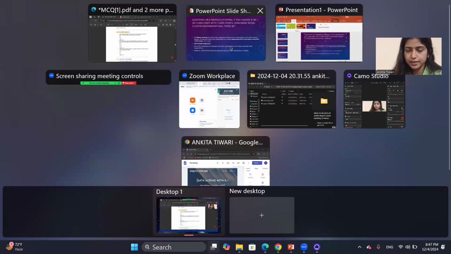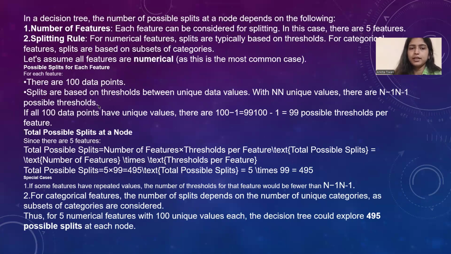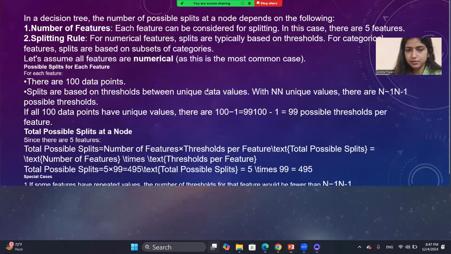This is our question. Here we have 100 data points and 5 numerical features with 100 unique values, so the decision tree could explore 95 possible splits at each node. Okay, so 5 is the correct answer.